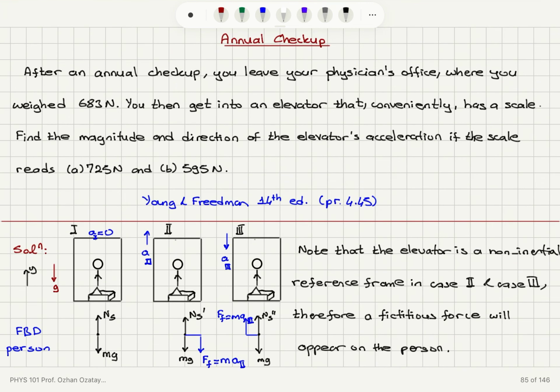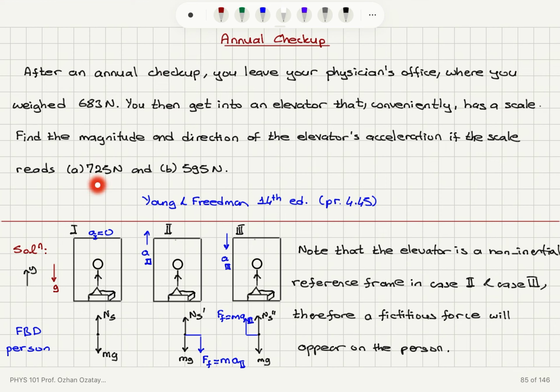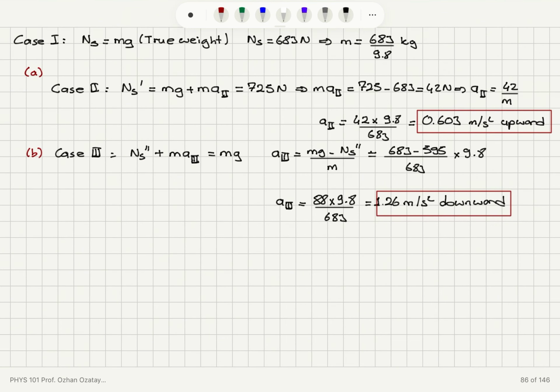For case 2, the scale reading is basically reading the fictitious force ma2 plus mg. In the third case, it is reading mg minus ma3. So we substitute for m this value, and the reading on the scale 725 newtons for the second case, and 595 for the third case. So that is the normal force provided by the scale on the person.